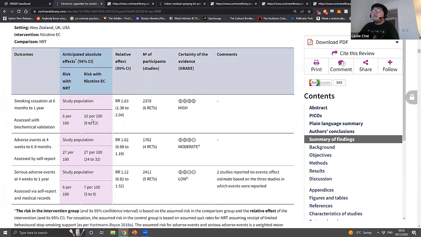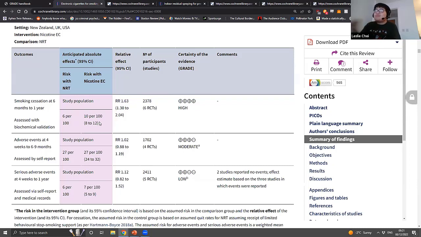If you look at the anticipated absolute effects, it appears to be quite low in the population in general. So going from 6 per 100 to 10 per 100, so from 6% to 10%, and those ranges are from 8 to 12%. So it's actually quite a low number of people in terms of the anticipated absolute effects.